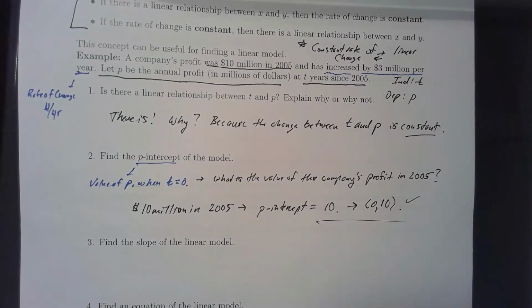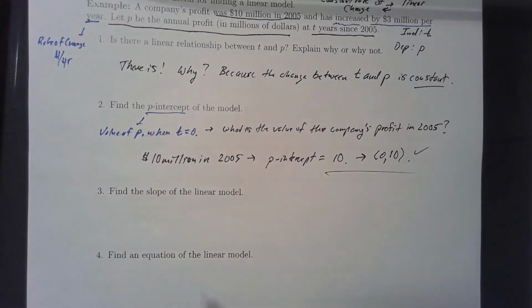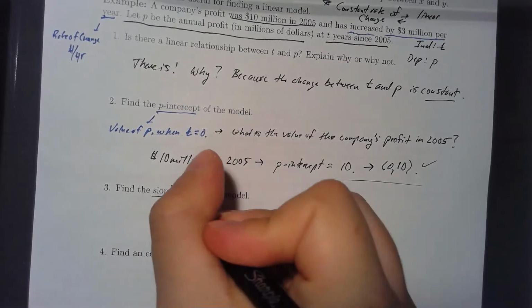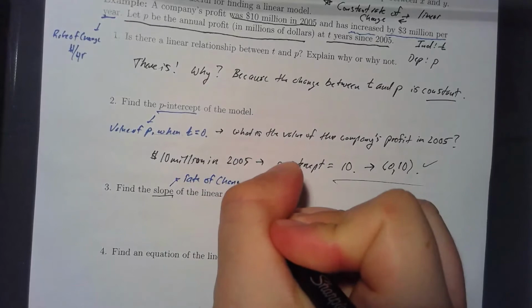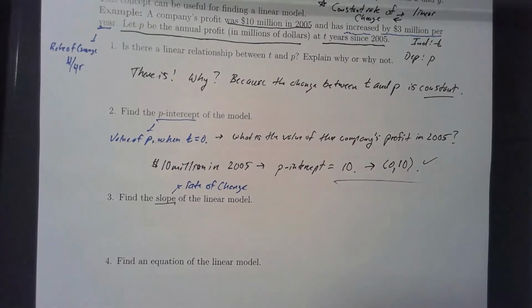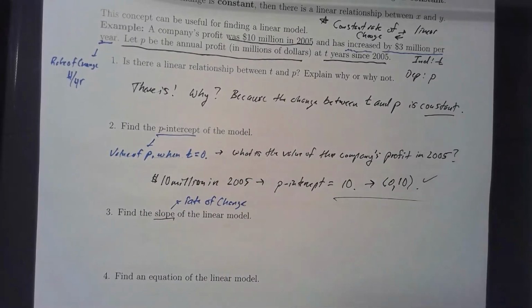All right. Find the slope of the linear model. Again, slope is a rate of change, isn't it? So it's going to be a comparison of the two values. It's the rate of change between dollars and years.